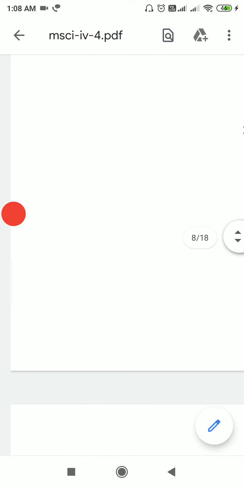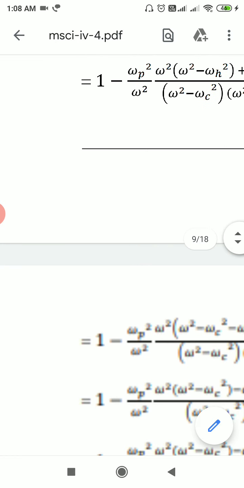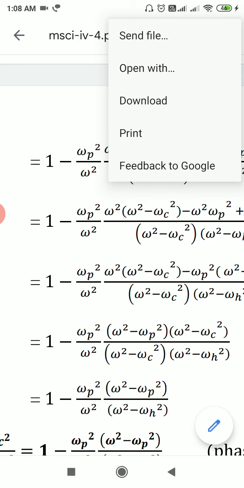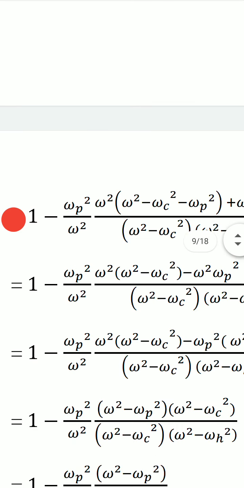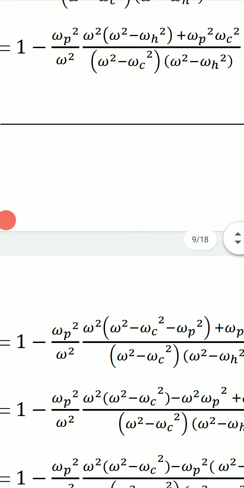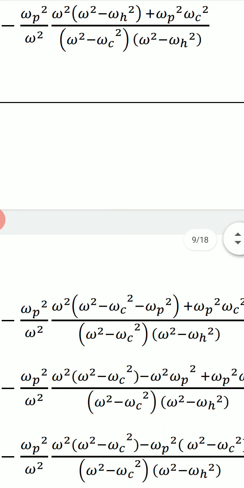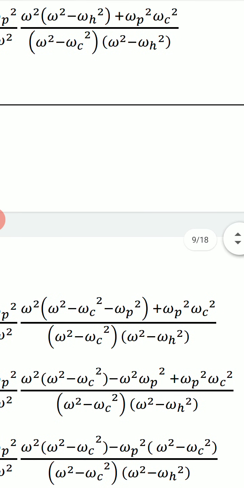So c square k square upon omega square now becomes equal to 1 minus omega p square upon omega square into omega square minus, right here put the value of omega h square, which is omega c square plus omega p square. Other terms are same.